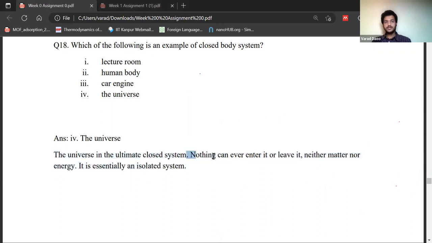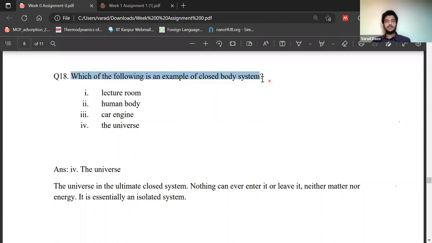That means it's an isolated system. Nothing can enter it or nothing can leave it. It is essentially an isolated system, but like I said, closed system is a subset of isolated system. Hence, this is the correct answer, right? This is a very tricky question, right? It appears that the question is wrong and none of the answers are correct, but however, that is not so. The answer is option 4, universe.